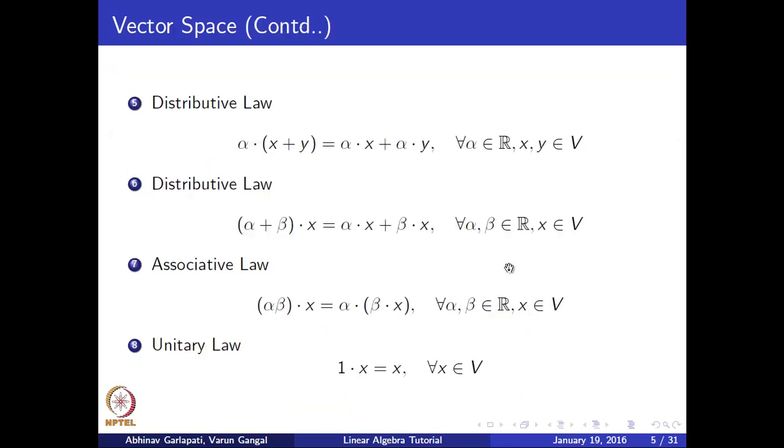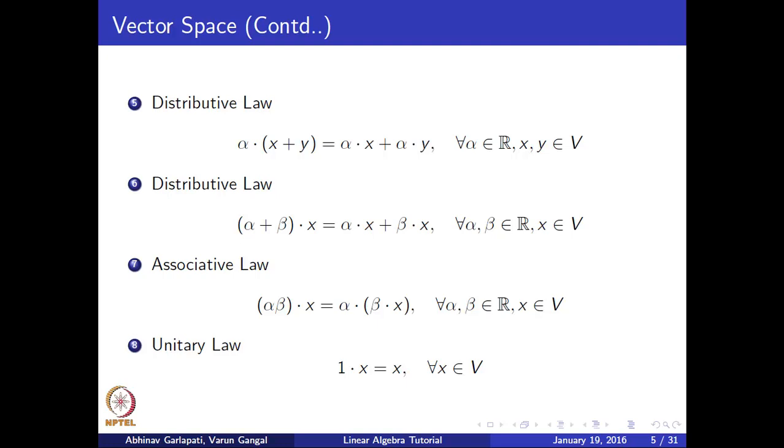The fifth law is the distributive law. If you multiply a real scalar alpha with the sum of two vectors x plus y, that should be equal to alpha x plus alpha y. The second distributive law says that if the sum of two scalars, alpha plus beta, multiplies a vector x from the set, that should be equal to alpha times x plus beta times x.